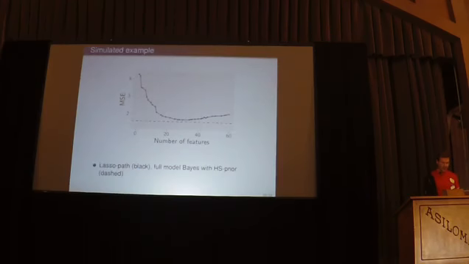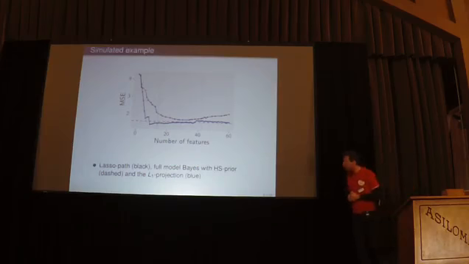And then here's the full model Bayes with horseshoe prior, which beats lasso, and then this projection predictive approach path. You can see that we can get to much smaller models while maintaining the accuracy.